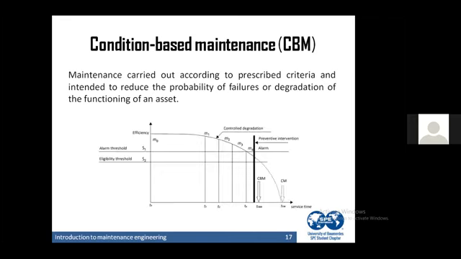Now, to understand this type of maintenance fully, let's use this curve, which is the curve of the CBM. As you can see here, this is a curve of efficiency as a function of service time. The efficiency of any equipment will reduce with time.